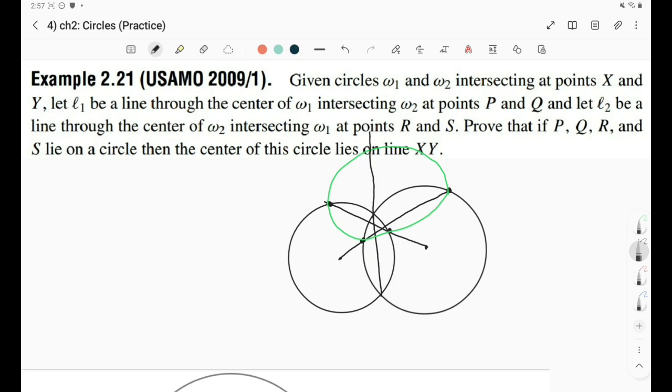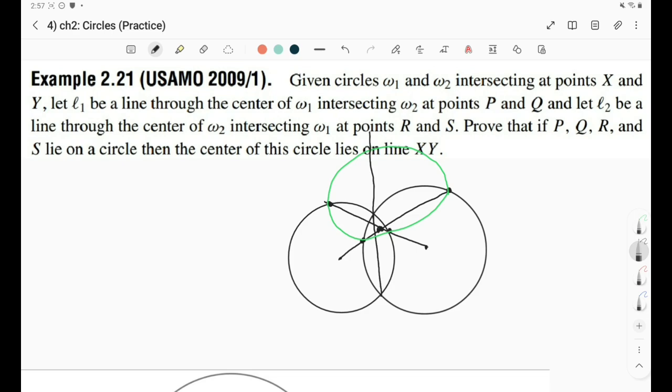If you remember, we said that given these 2 points here and another 2 points here, we know these lie on a circle if and only if their intersection, that is this point here, lies on the radical axis. So if this point lies on the radical axis, then clearly they are going to be cyclic.